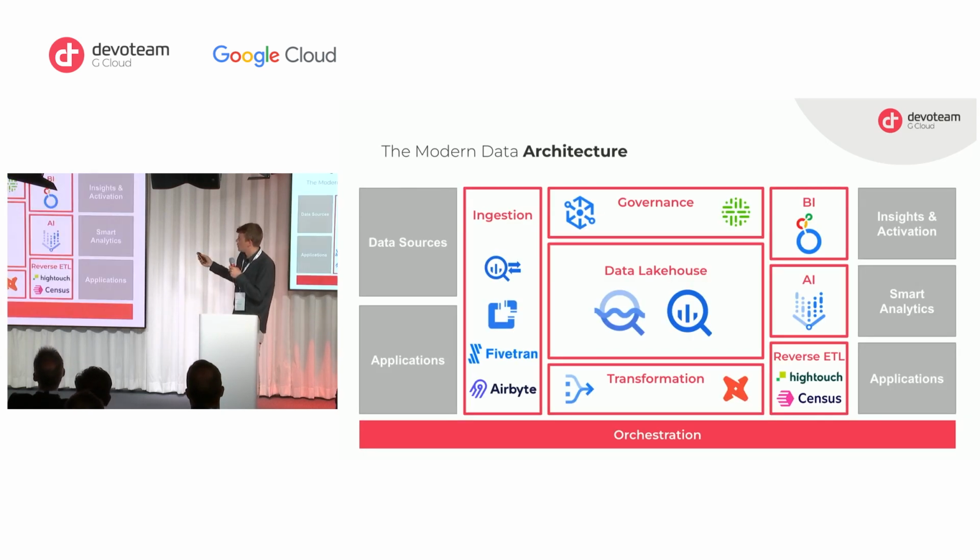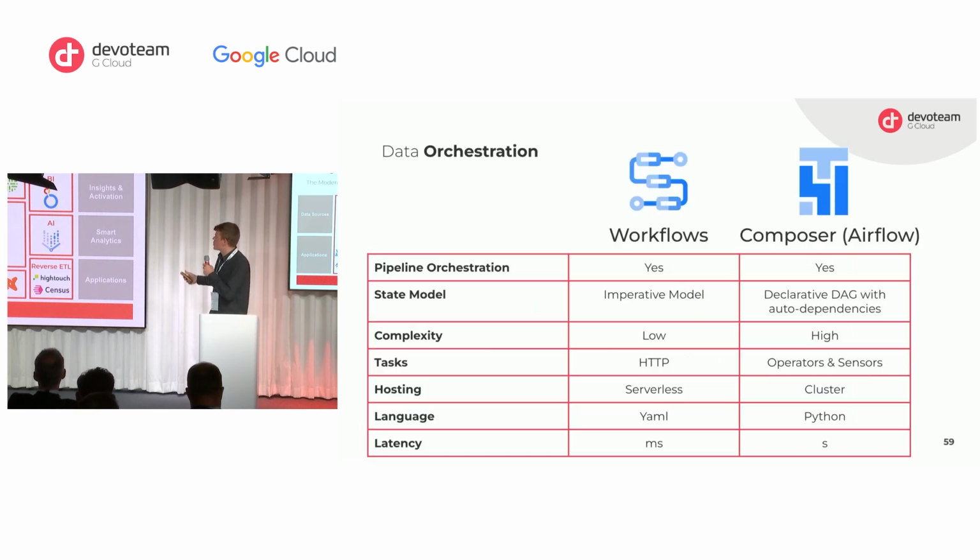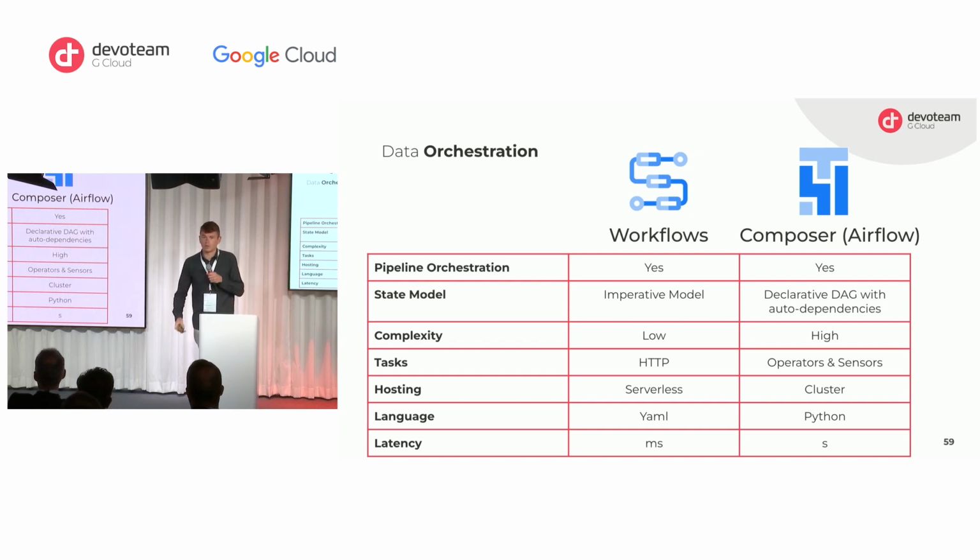And then, last but not least, the orchestration. You have all those different building blocks, but you need to stitch them together to orchestrate them and have a fluent pipeline going from ingestion to transformations to reverse ETL, etc. Here also, 2 options. I think the most common one to use is Cloud Composer.